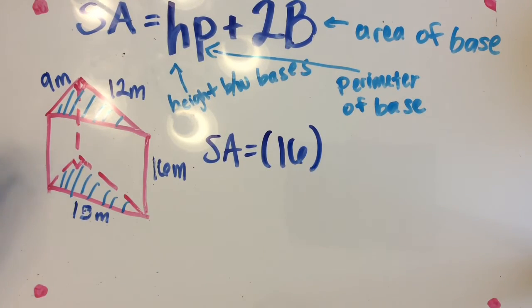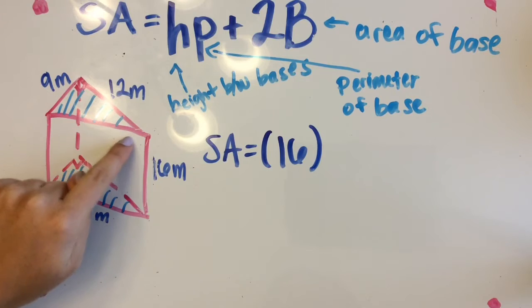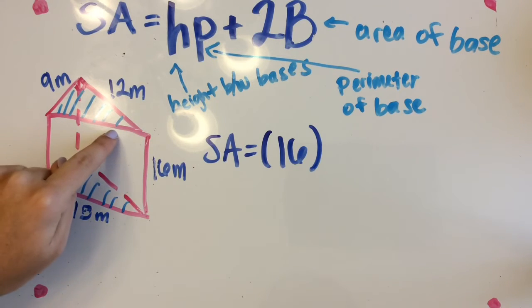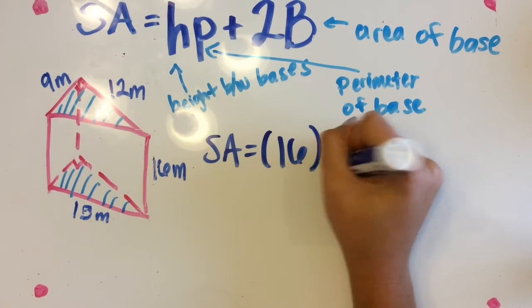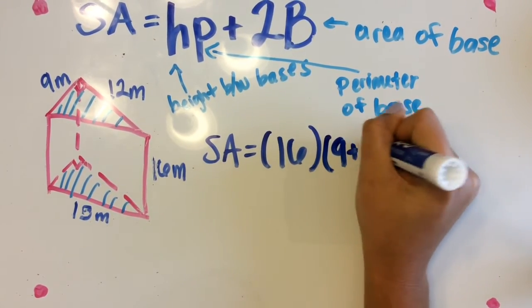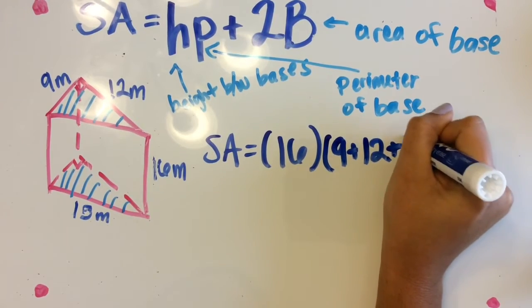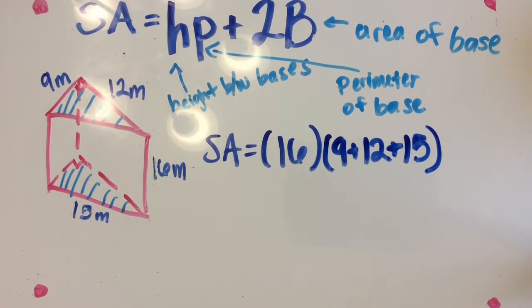In other words, if I were to wrap a string around the top of the shape, how long would that string be? So I need 9 meters plus 12 meters plus this part, which it labels here as 15. So 9 plus 12 plus 15 is the perimeter of my base. I just add up all the sides of that base.